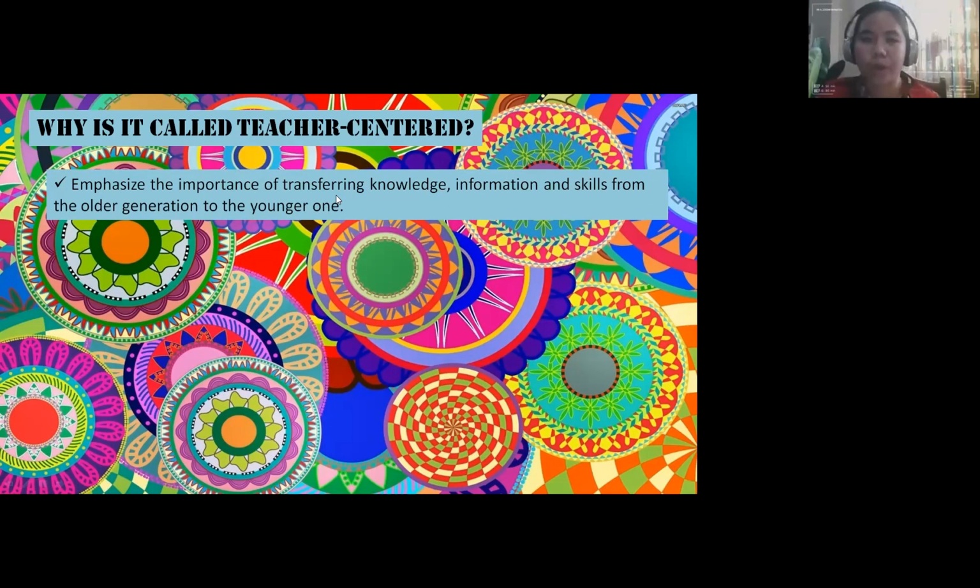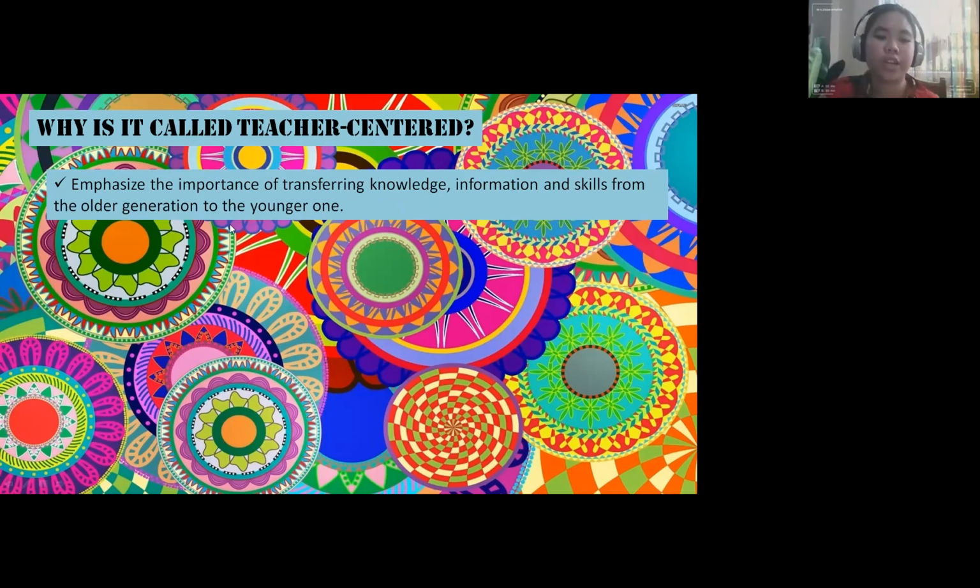I think we all know what transfer of knowledge means. From the word transfer, from one place to another, the knowledge is being transferred from one person to another. So we have here the older generation and the younger one.